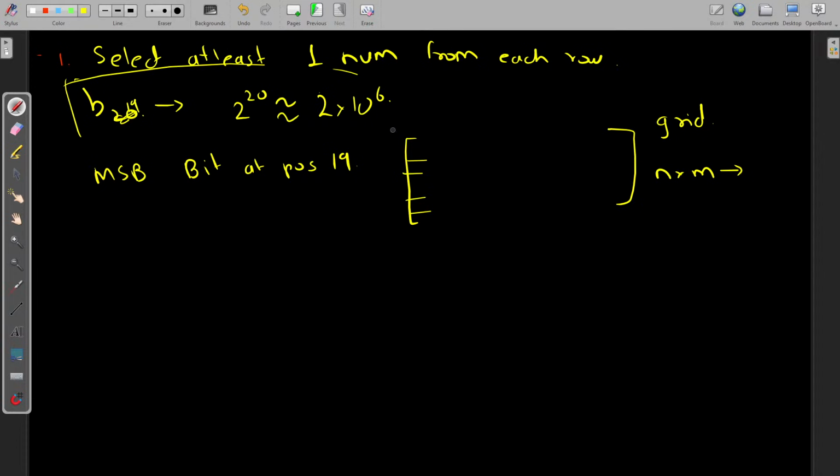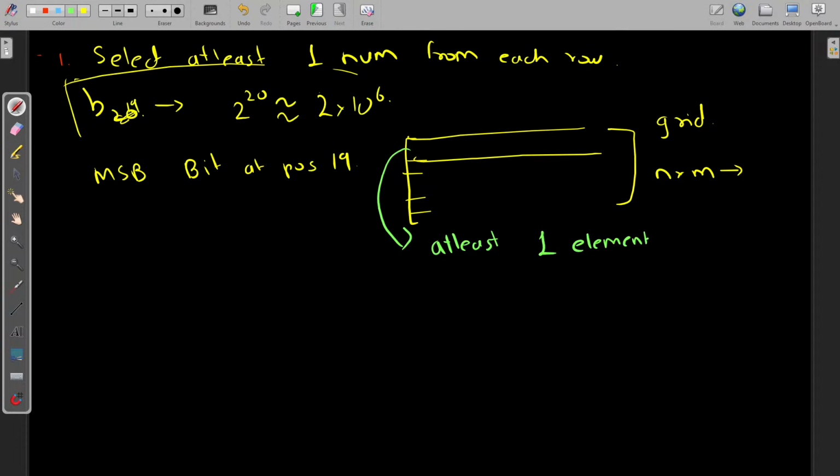And for each row, I will try to find at least one element which has B19 off.